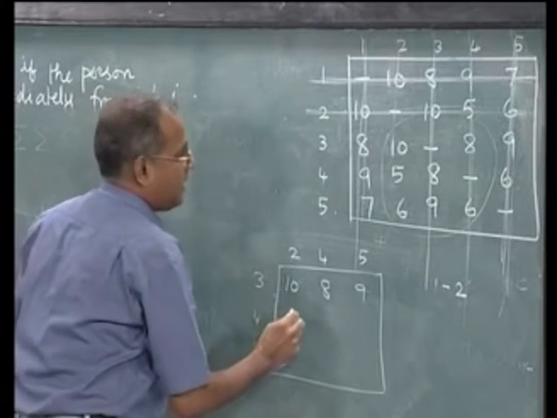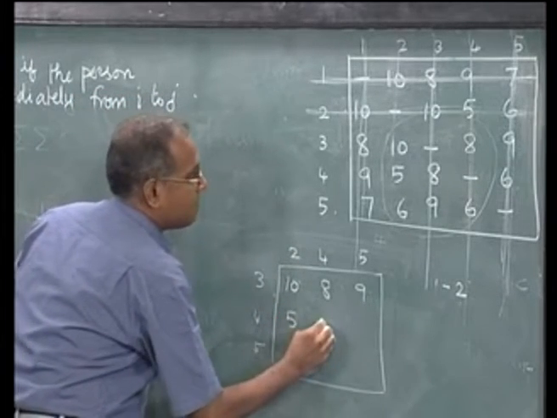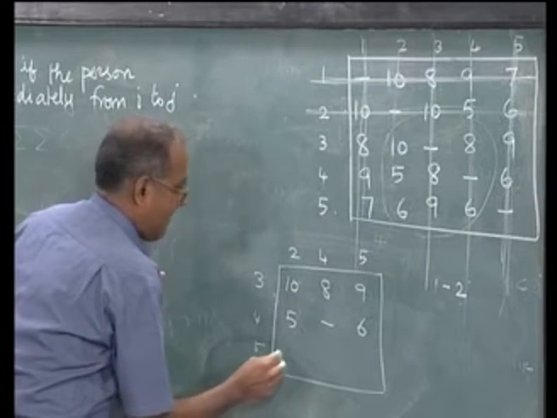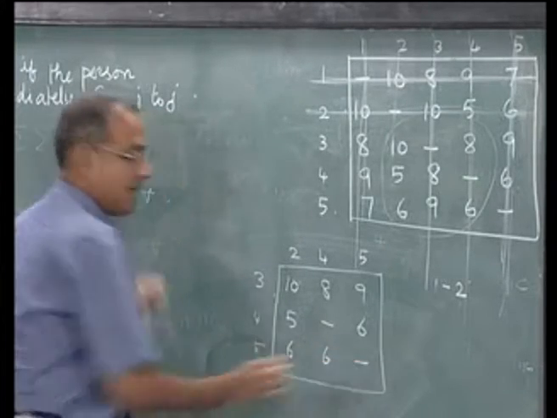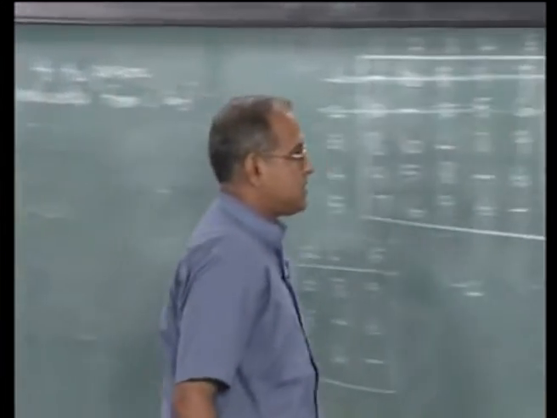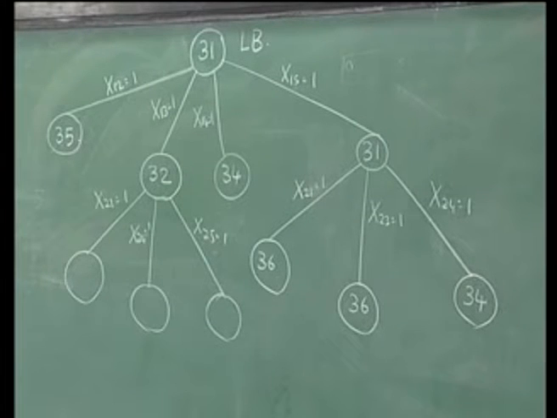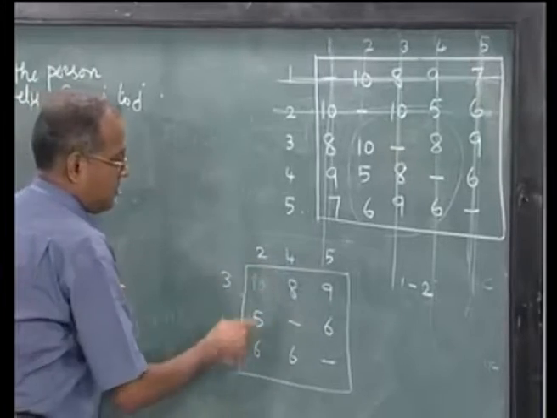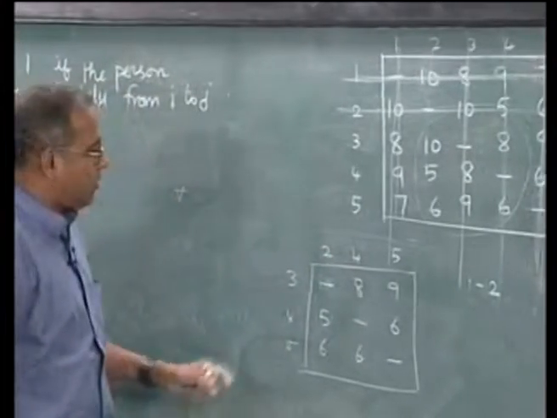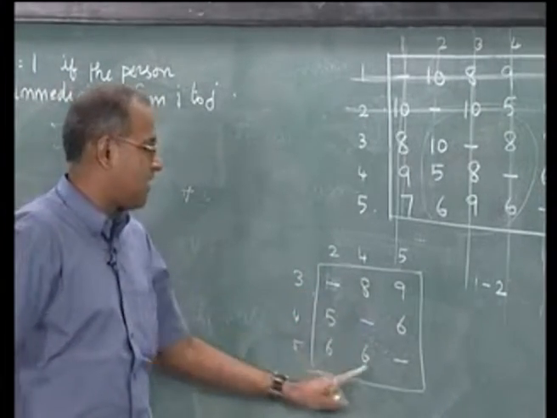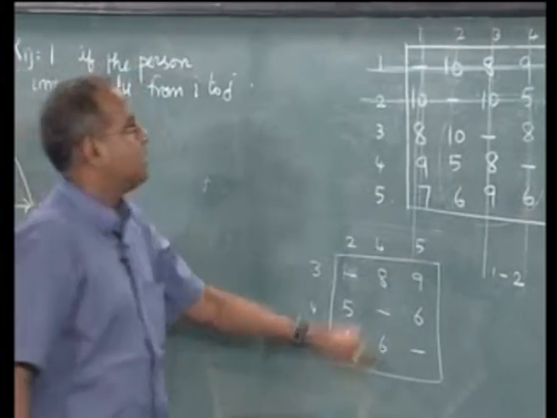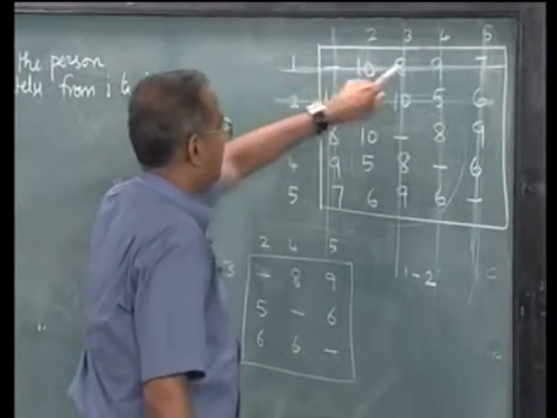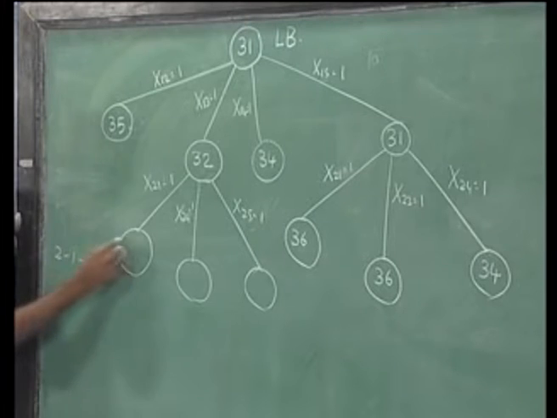So, 2 4 5 10 8 9 5 dash 6 6 6 dash. Now, I have used 1 3 and 2 1. So, I have 2 to 1, 1 to 3. So, I should not have 3 to 2. So, 3 to 2 goes from here. So, sum of the row minima will be 8 plus 5 13 plus 6 19, 19 plus 10 29 plus 8 37.